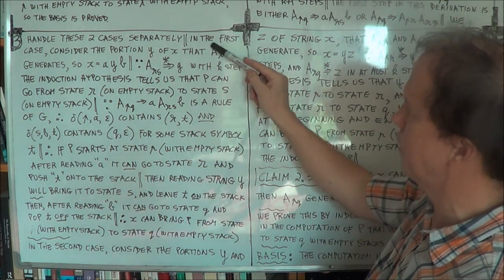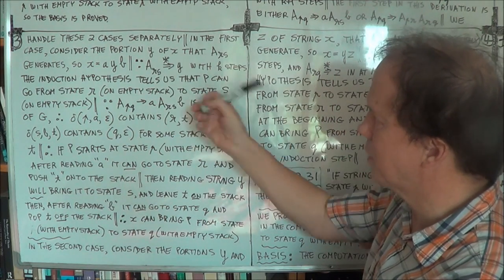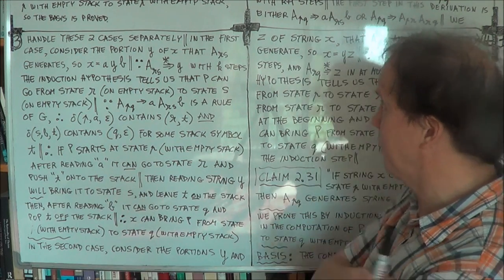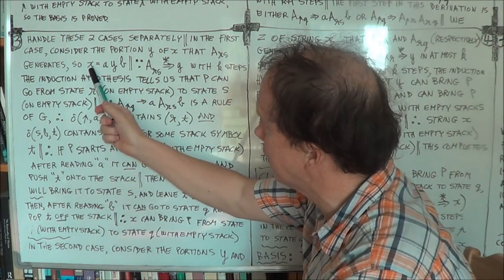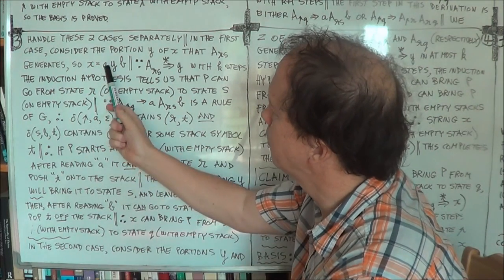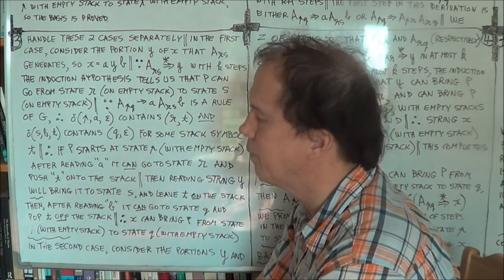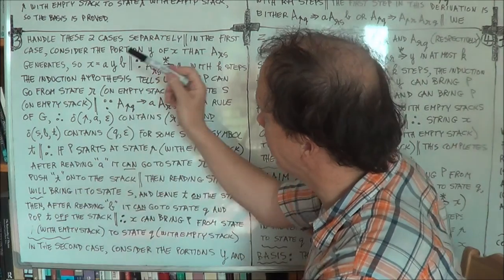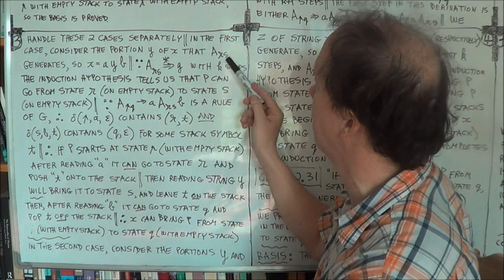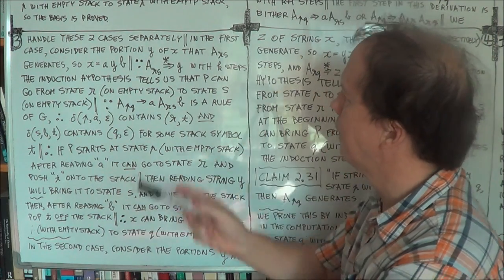So we assume it generates y. That means the string that goes into your PDA will be of the form a y b, and y is the string that gets generated by this.